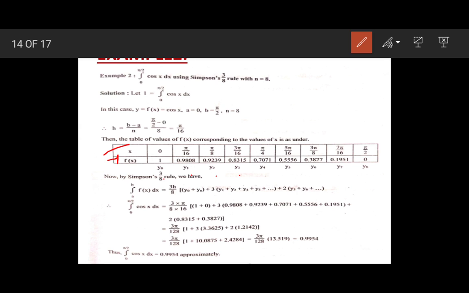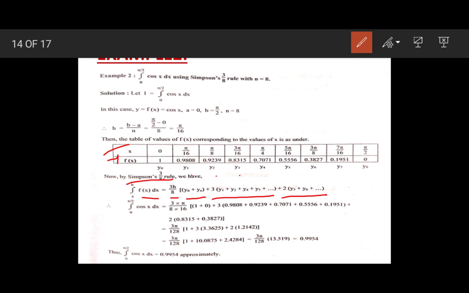Now we will write the Simpson's 3/8 rule formula. So the formula is integral a to b f of x dx, that is equal to 3h upon 8 into y0 plus yn plus 2 into the multiples of 3 plus 3 into the remaining terms.